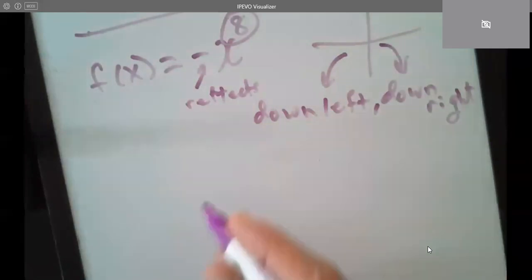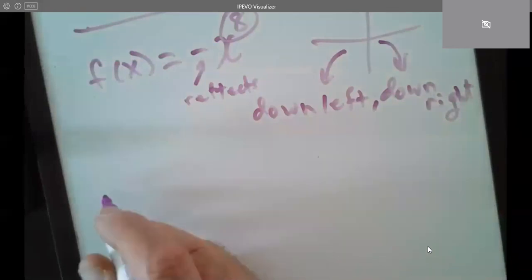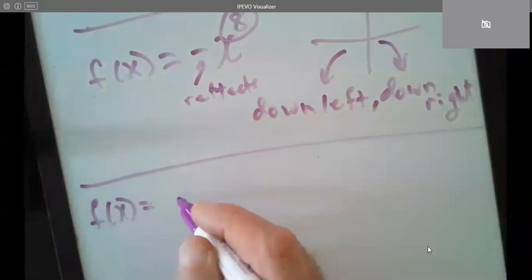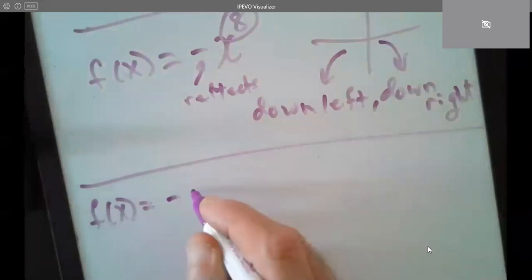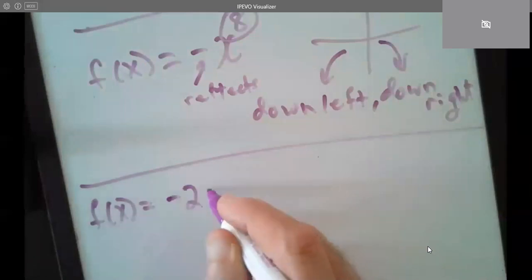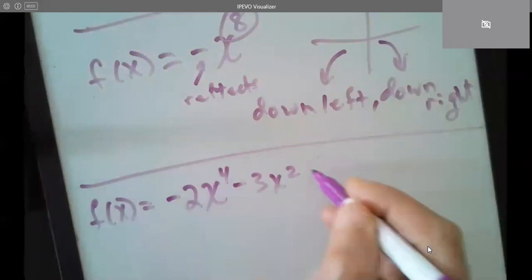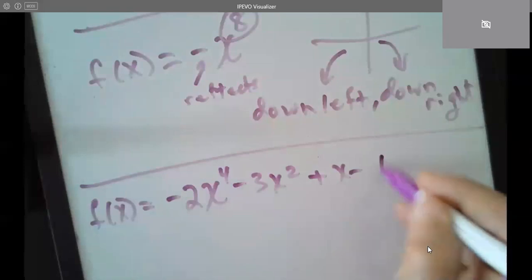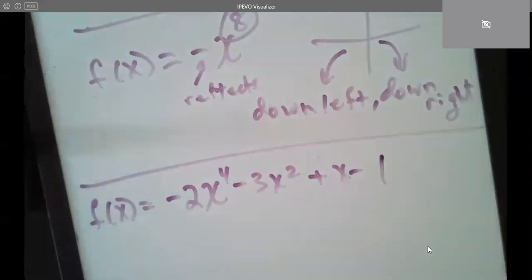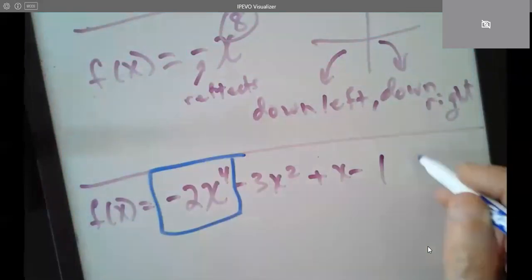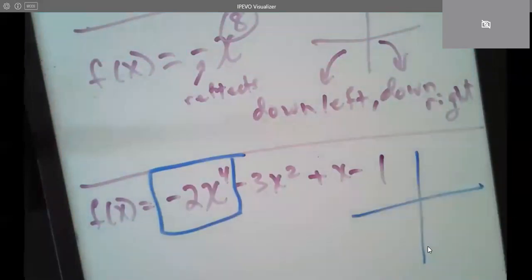Okay, let's try this. F of x is equal to a negative 2x to the fourth minus 3x squared plus x minus 1. Okay, so all we look at here is that leading term. That's all we look at. And that's going to tell us what our end behavior is.